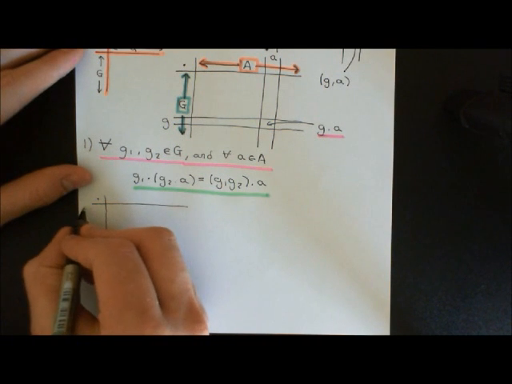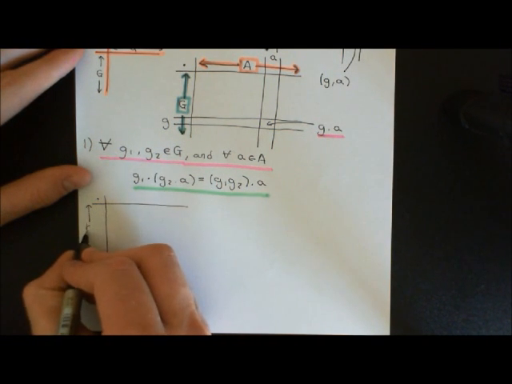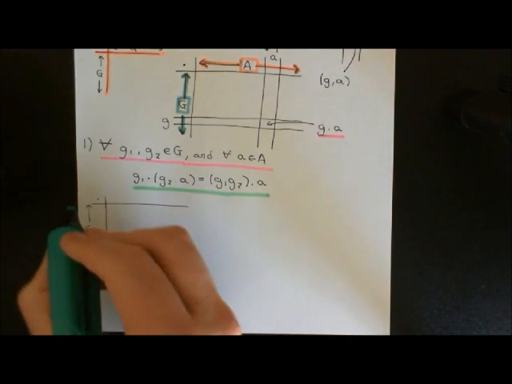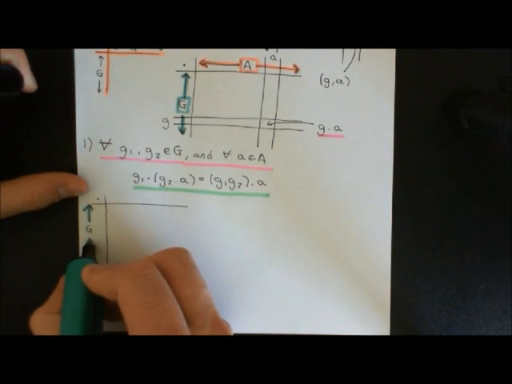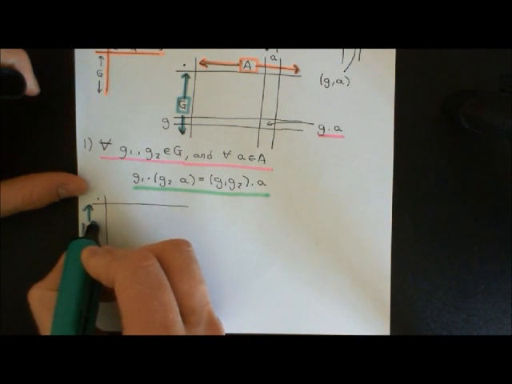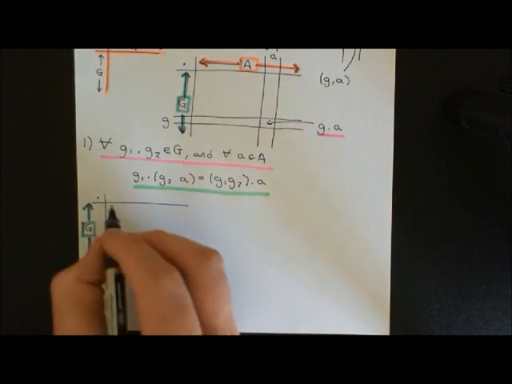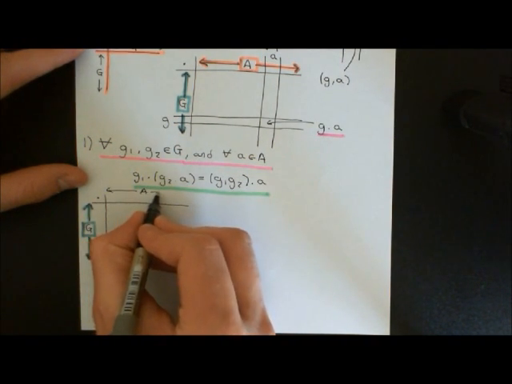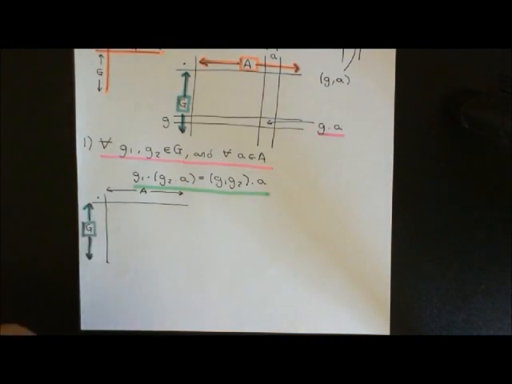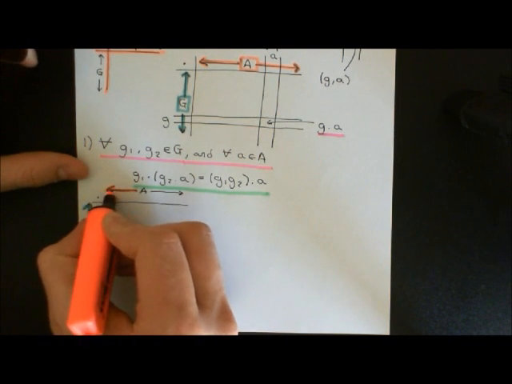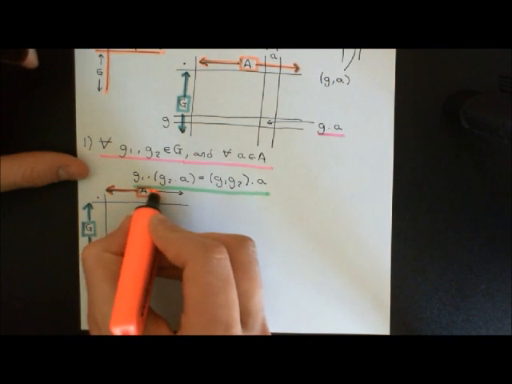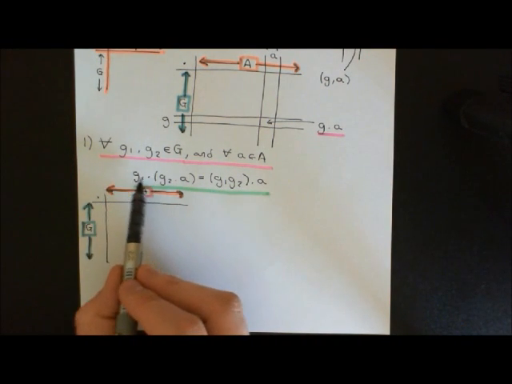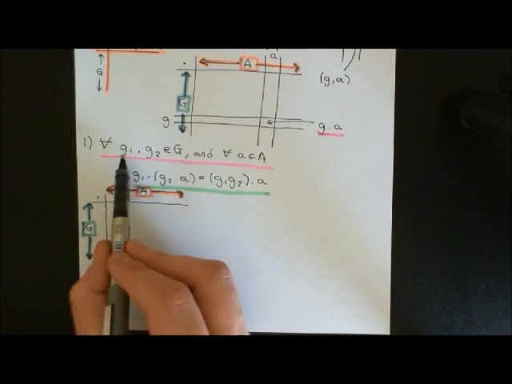Once again, what we'll have is all of the elements of the group given a row in this composition table, and once again I'll colour it in. So here are all of the elements of the group in turquoise, and then we'll have all of the elements of the set capital A given a column in this composition table, and once again I'll colour in the set A in red here.